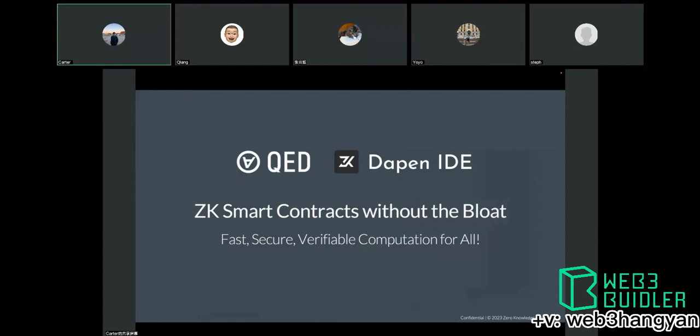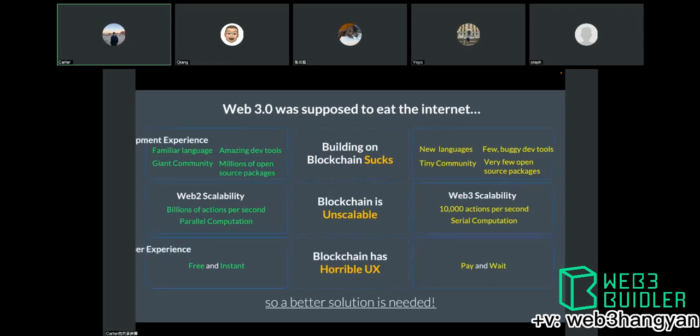So today I'm going to be discussing how we're able on QED to develop smart contracts without having a very large VM circuit. So today's talk is ZK smart contracts without the bloat. The main driving purpose behind this is we want to provide fast, secure, and verifiable computation for all, which means we need to solve some of the core existing problems with blockchain.